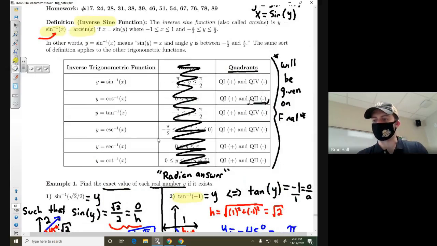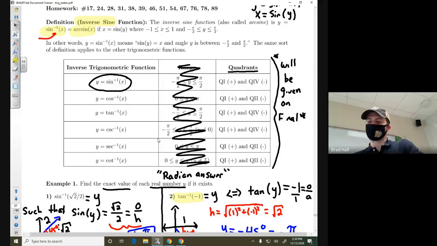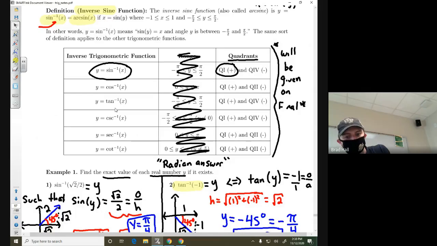Remember, we had sine inverse of a positive number. The table tells us we will be in quadrant 1, because we had sine inverse of a positive number. So let's scroll down now that we know we need to draw our triangle in quadrant 1.